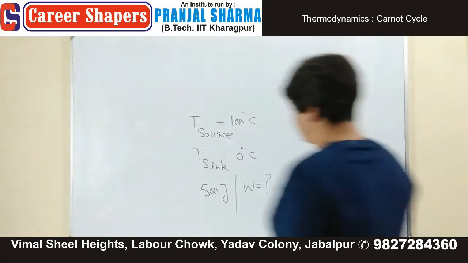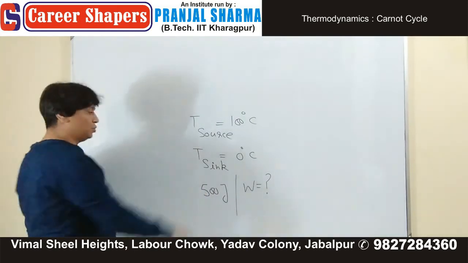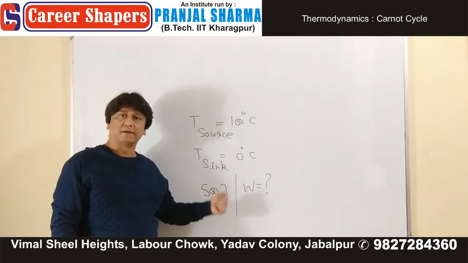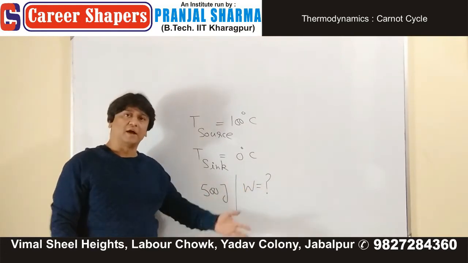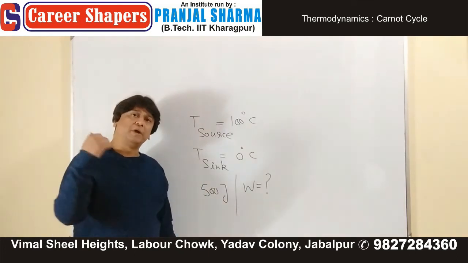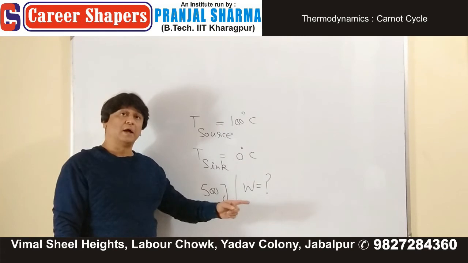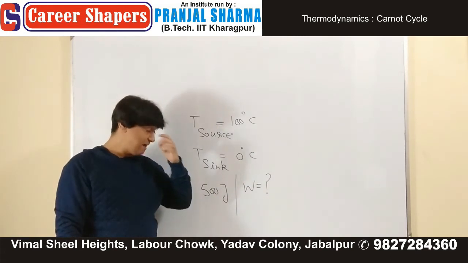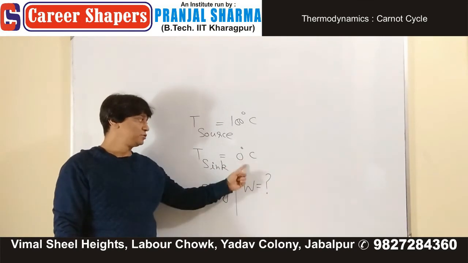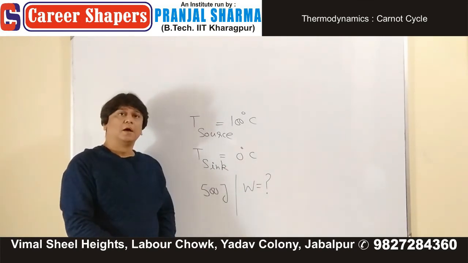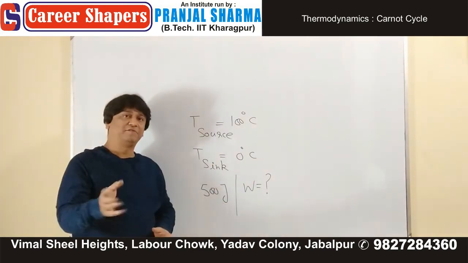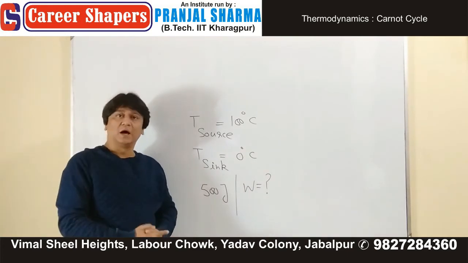Now try to understand this. One of you has answered 500 joules. Suppose this question is asked in an objective examination and you find that one option is 500 joules itself, then that cannot be the answer, because you know that efficiency can never be 100%. From 100 to 0, for any type of system, the second law tells us that efficiency can never be 100%.